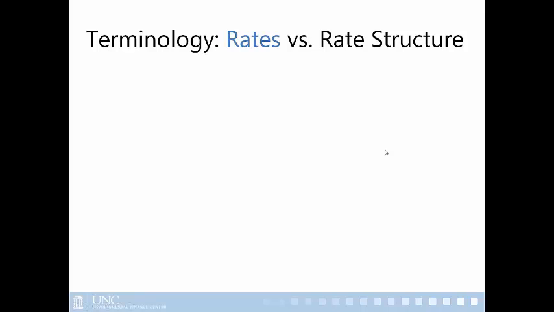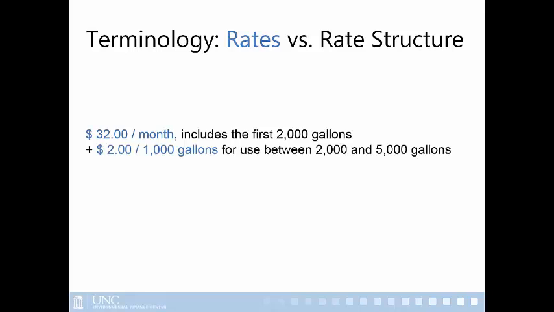So quick terminology, just so that we're all on the same page. Let's look at this example of a rate structure. This is a made-up example, but it's just illustrative right now. So this utility is charging for water $32 a month. That includes the first 2,000 gallons of consumption.